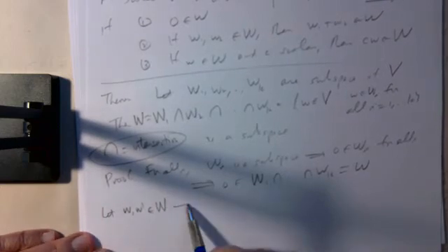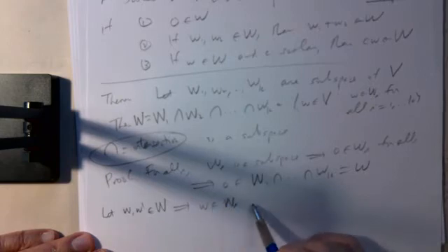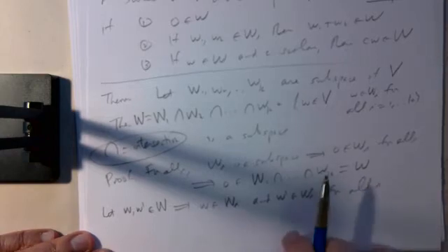Suppose W and W prime are two vectors in W. That means W is in W sub i, and W prime is also in W sub i for all i.